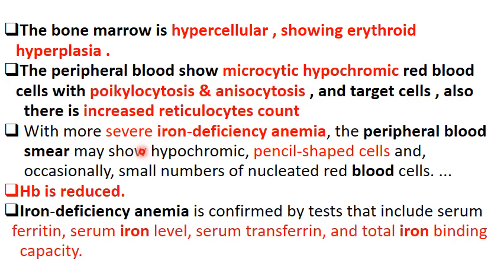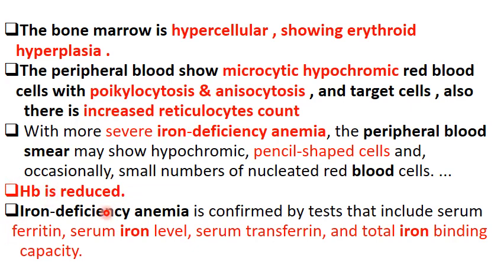With severe iron deficiency anemia, sometimes we find in the peripheral blood film, in addition to the hypochromia and microcytosis, pencil-shaped cells and sometimes a small number of nucleated red blood cells, normoblasts.